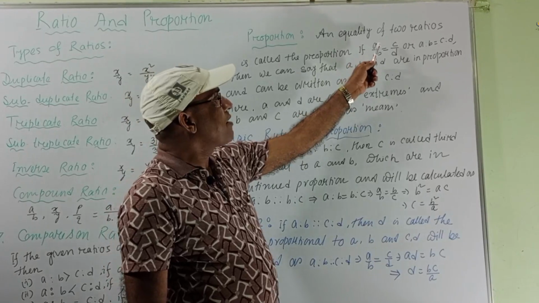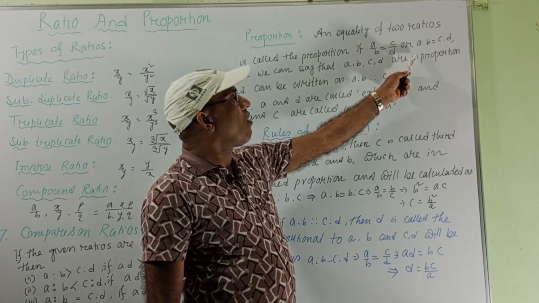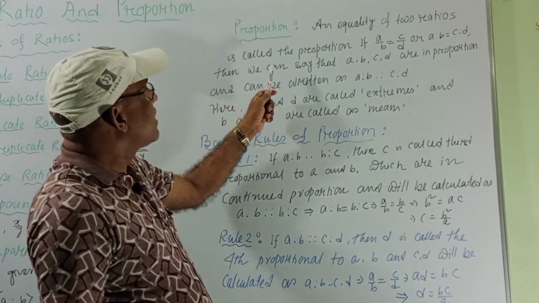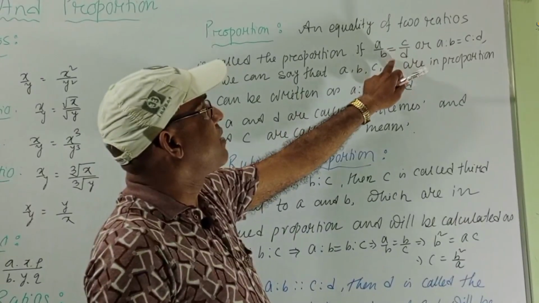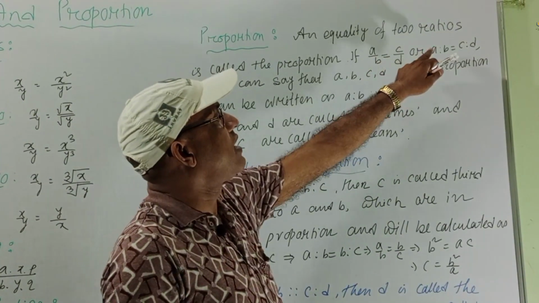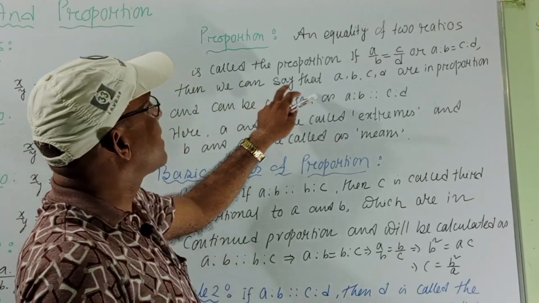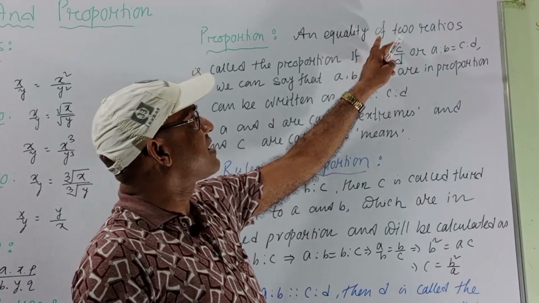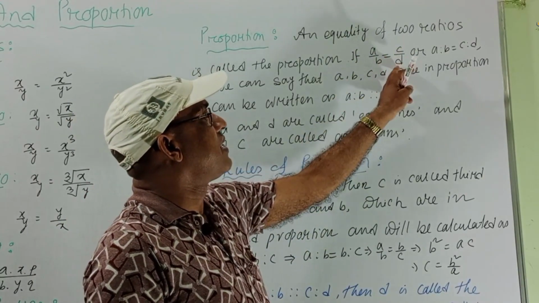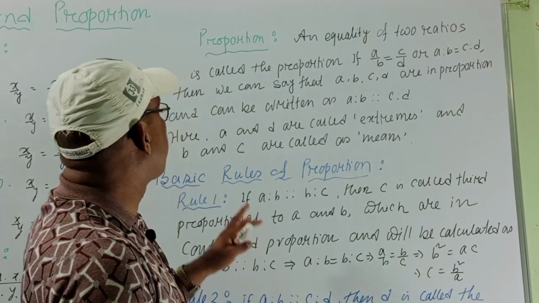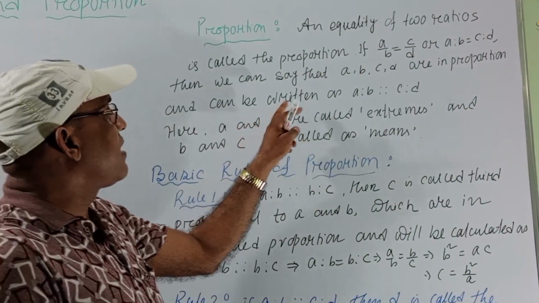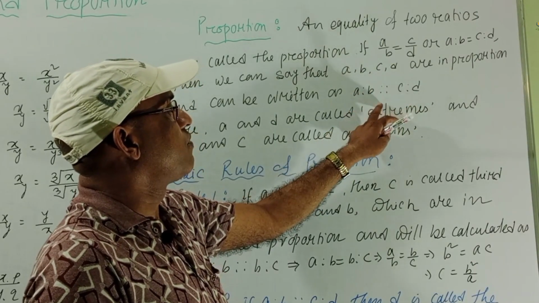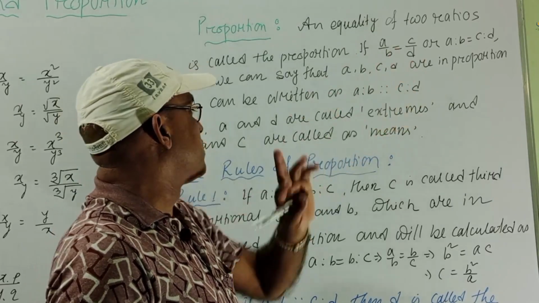If a by b equals c by d, or a is to b equals c is to d, then we can say that a, b, c, d are in proportion. It can be written as a is to b double colon c is to d.